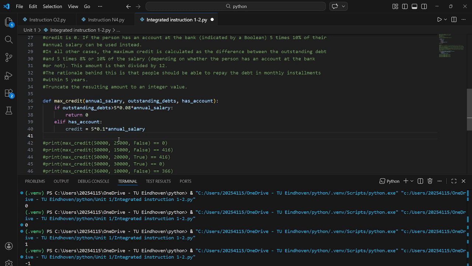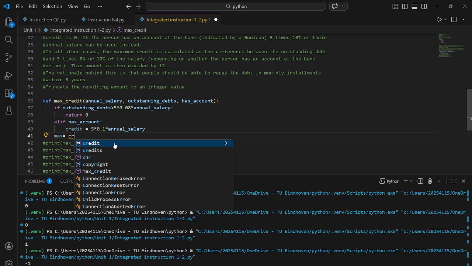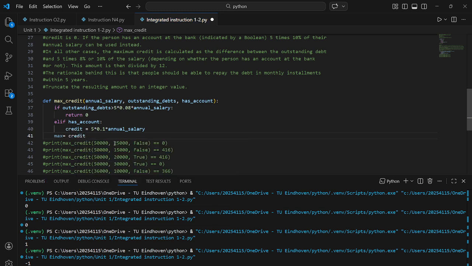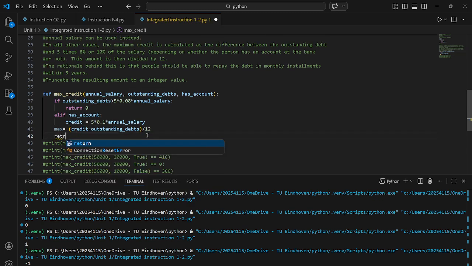Okay, so we can just say maximum credit is equal to credit minus outstanding debt divided by 12. Then the whole function can return maximum credit. Okay.